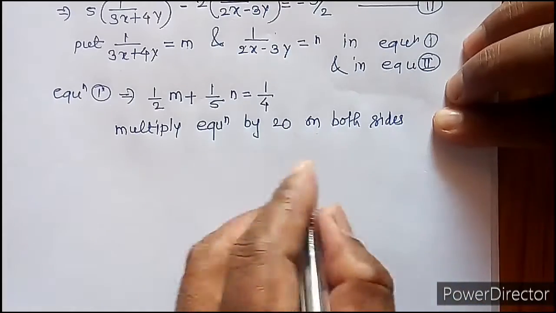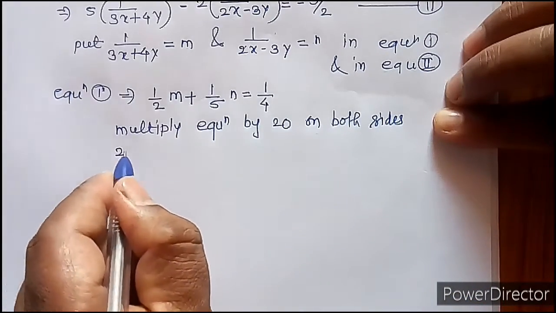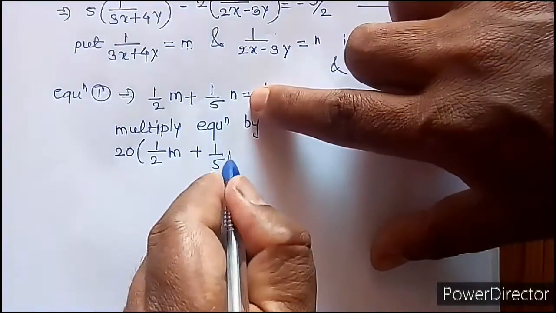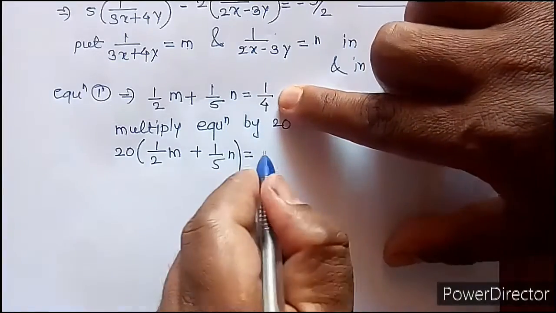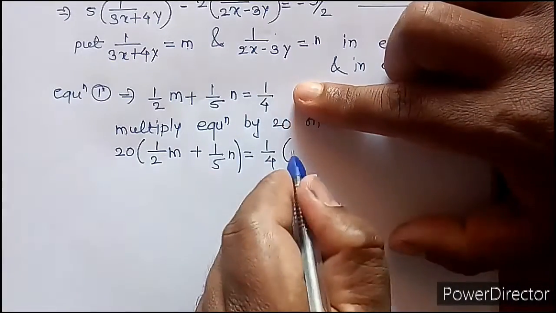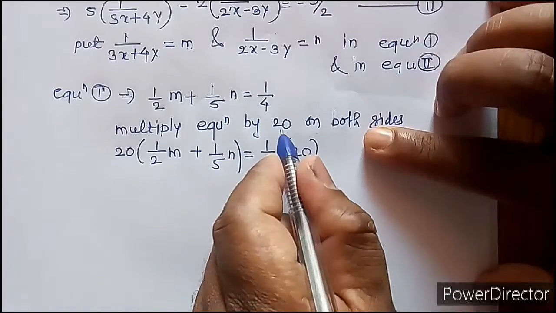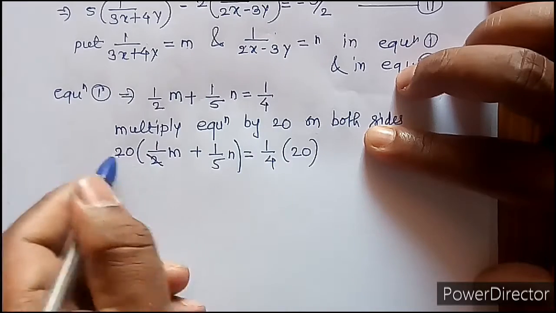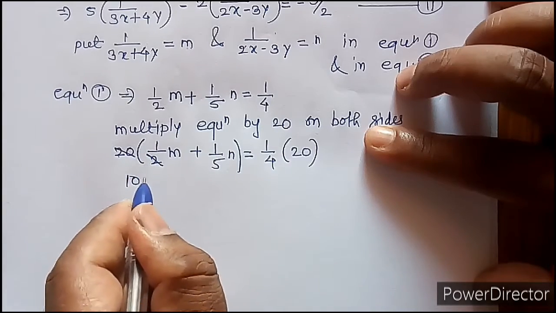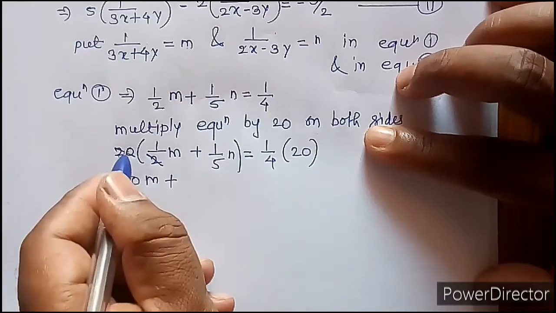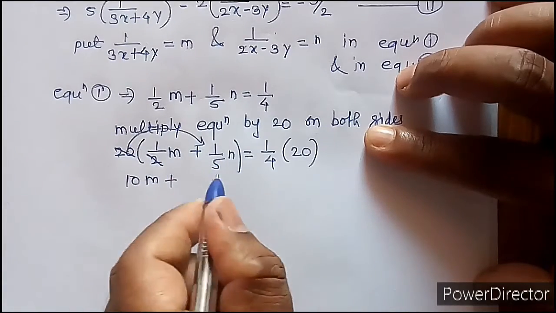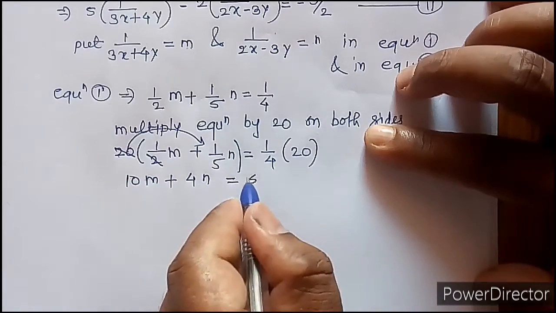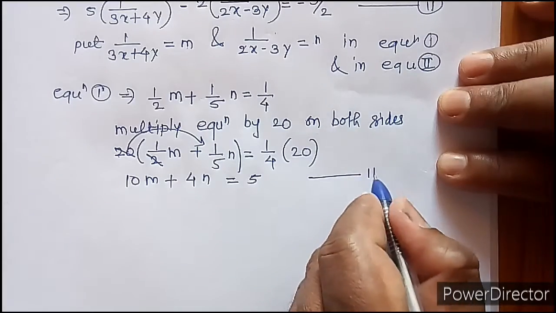On multiplying by 20 on both sides, we get 20 into (1 by 2 m plus 1 by 5 n) equals 1 by 4 times 20. On solving, 20 into 1 by 2, the 2 and 20 get cancelled, that will be 10 of m, plus 20 multiplied with 1 by 5 is 4 of n, equals 5. This is equation number 3.